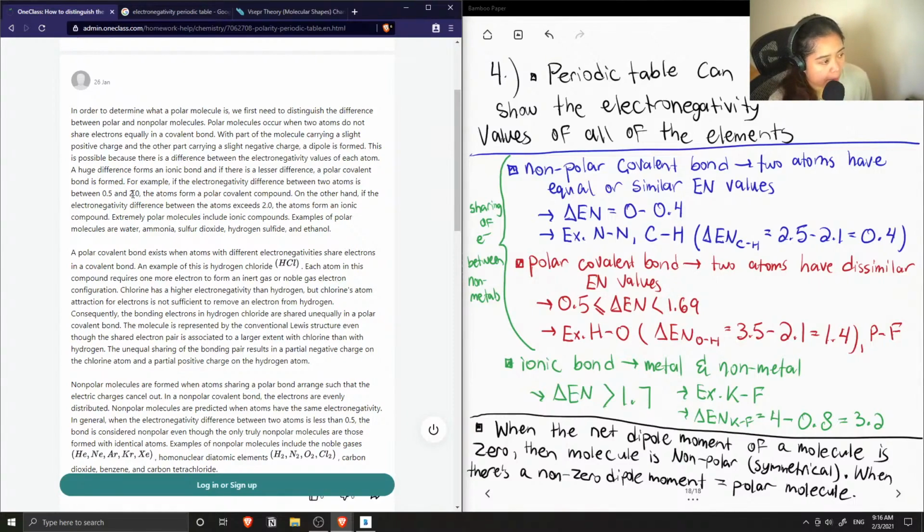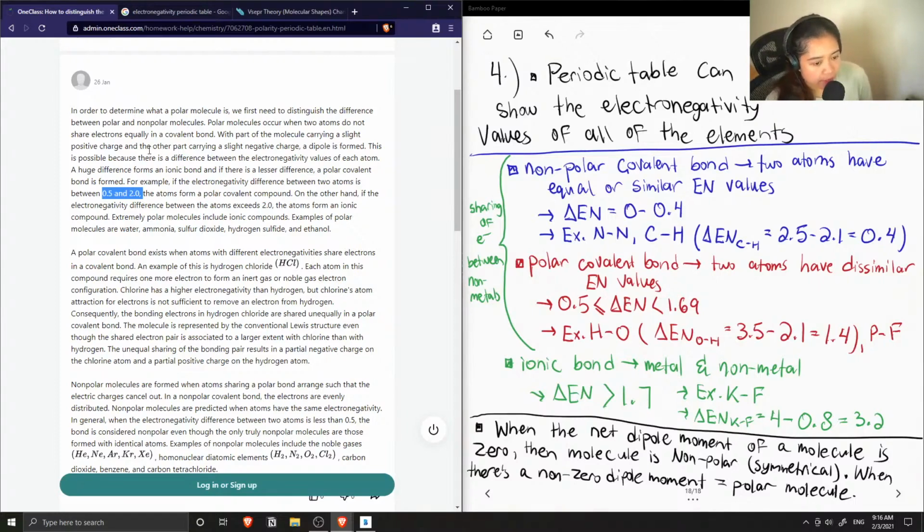For example, if the electronegativity difference between two atoms is between 0.5 and 2, the atoms form a polar covalent bond. So you can see here they use the range of 0.5 to 2, but other sources will say it's around 1.69.